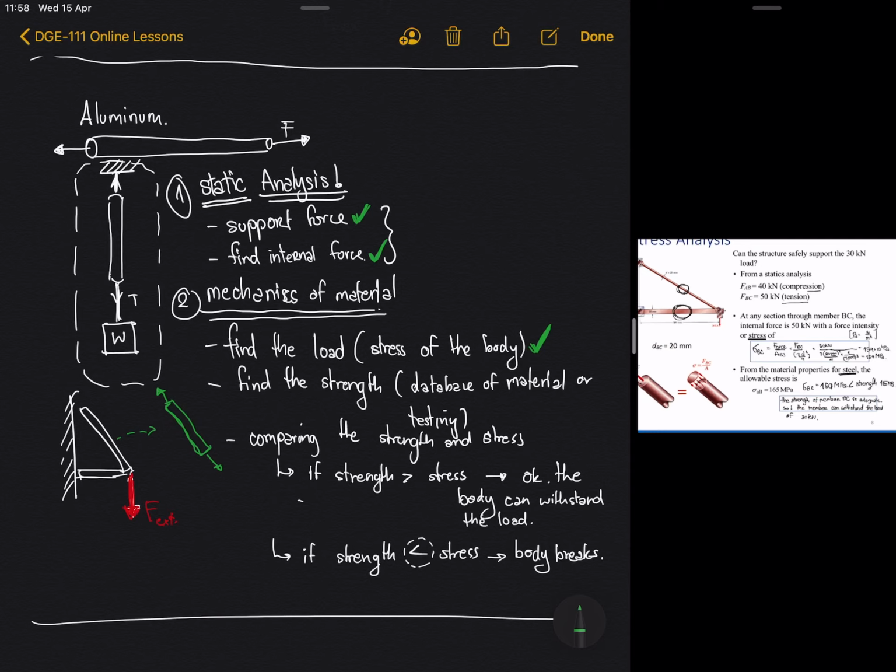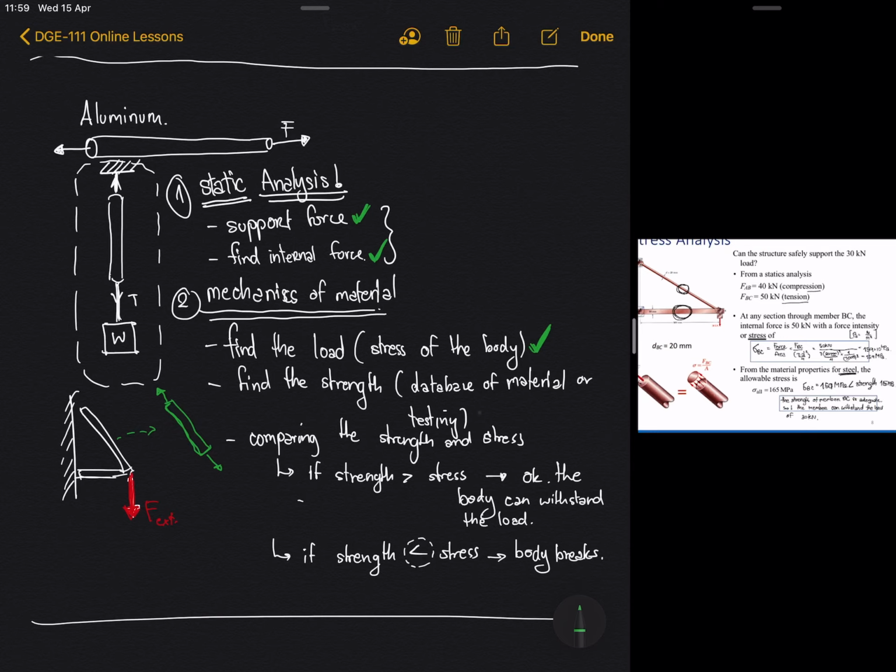But how do they get this? Actually, they do the test itself. They take these different materials as rods, apply force in tension, and find the strength of those materials. So this data normally comes from the test itself. They have standard tests to define this.